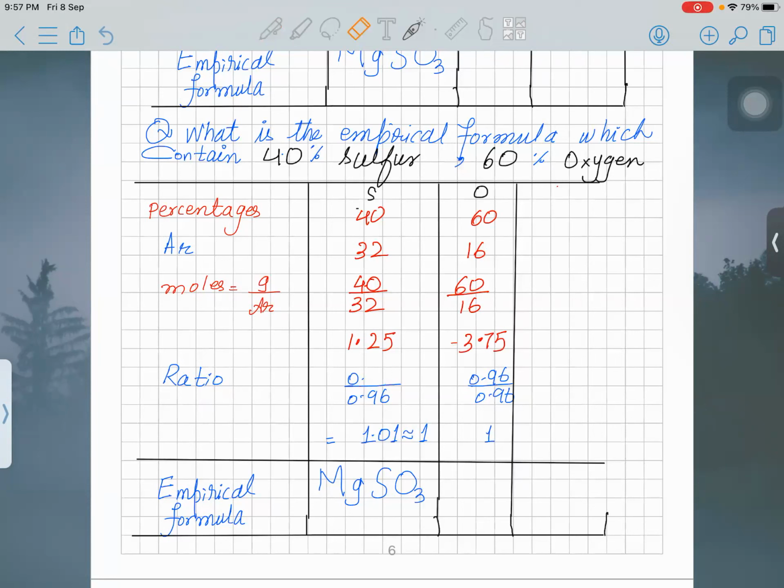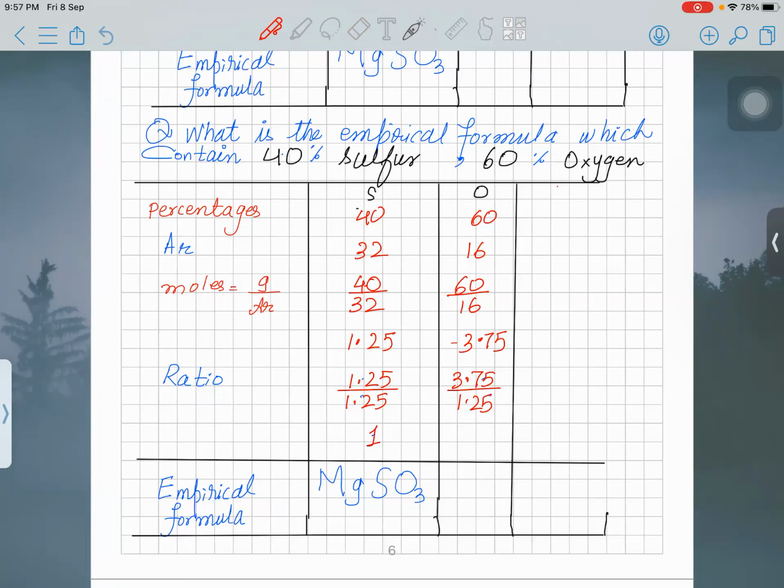Now, which one is smaller? 1.25. So 1.25 divided by 1.25, and 3.75 divided by 1.25 is 3.